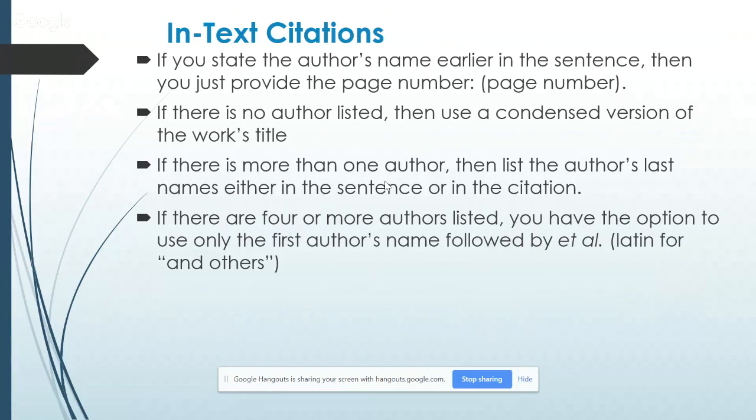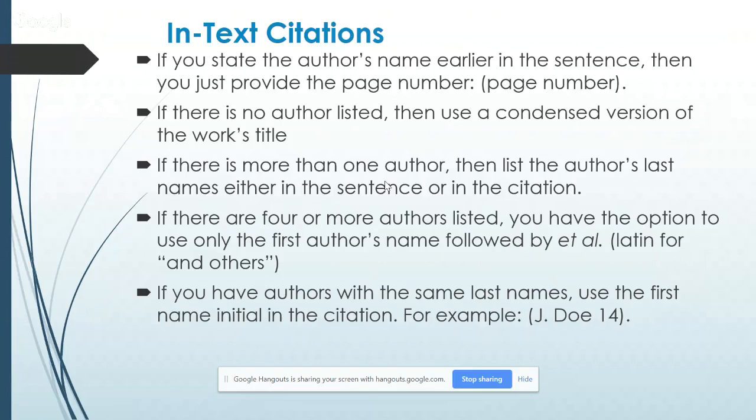It's Latin for and others, which shows your reader that there are other people that wrote that article or book or whatever. Okay. I'm okay if you do that with 3 or more authors. 4 or more is kind of excessive in my opinion, so 3 or more is fine with me.